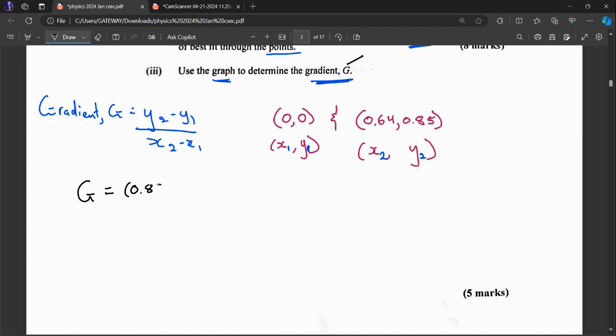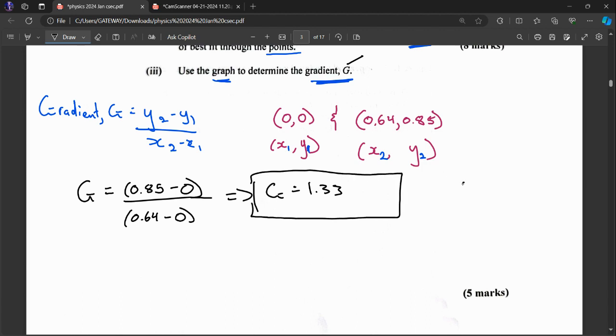So y2, which is 0.85, minus y1, which would have been 0, divided by x2, which is 0.64, minus x1, which would have been 0. So G, your gradient, when you work this out, you should get something around 1.33.